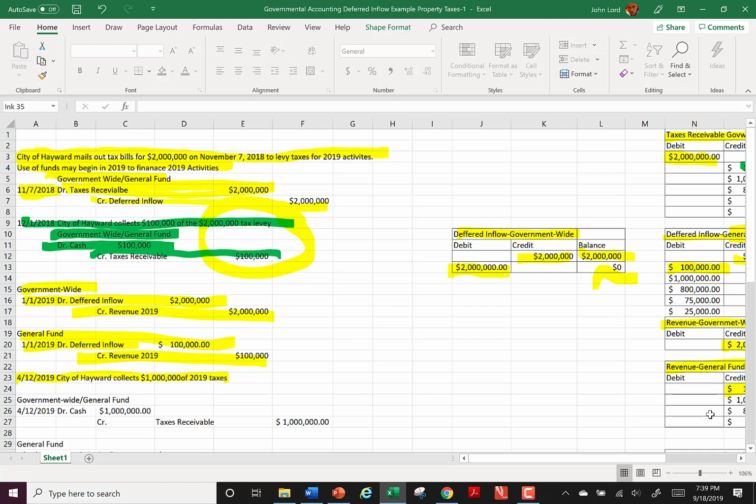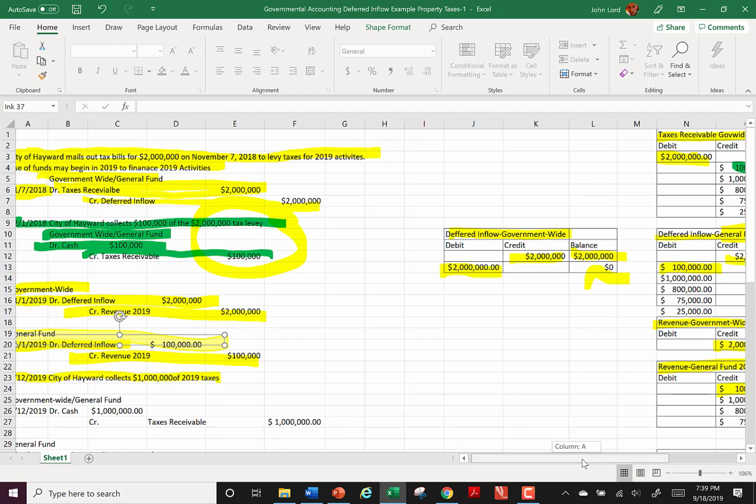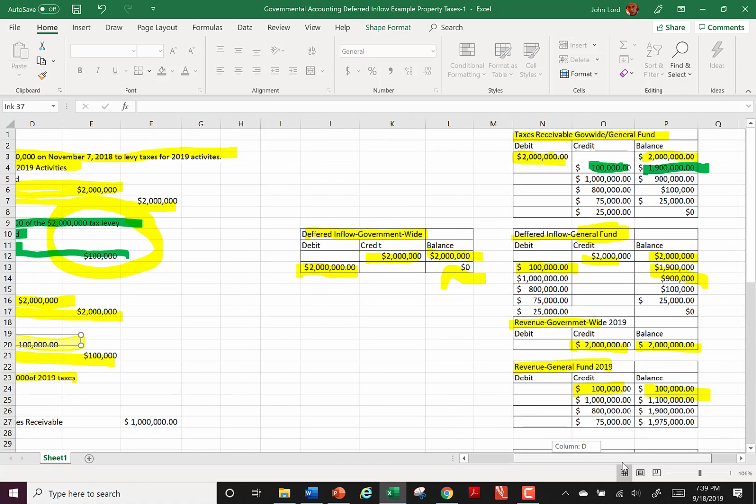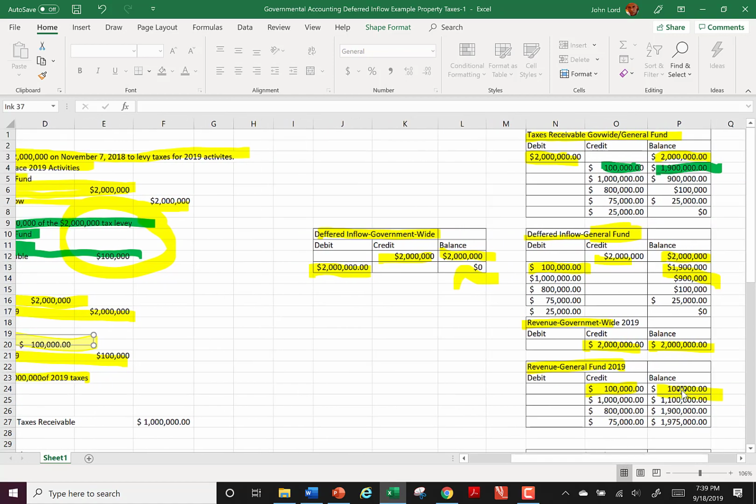We know we collected 100,000, didn't we? So for modified accrual in the general fund, we will take 100,000 of revenue and debit the deferred inflow for 100,000 because we've collected that much. So at the governmental fund level now, notice we have a different revenue amount. We have 100,000 here, and we have debited deferred inflow for 100,000. So 1.9 is still showing as the deferred inflow.